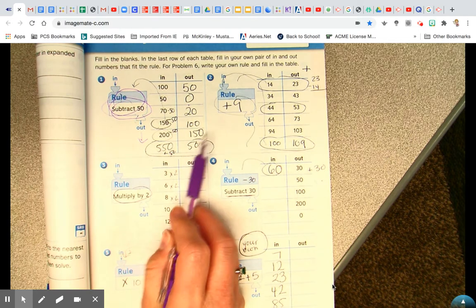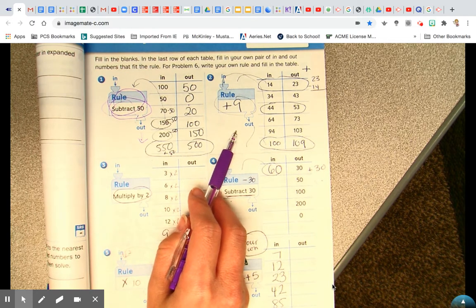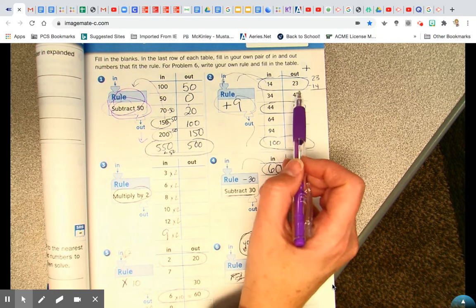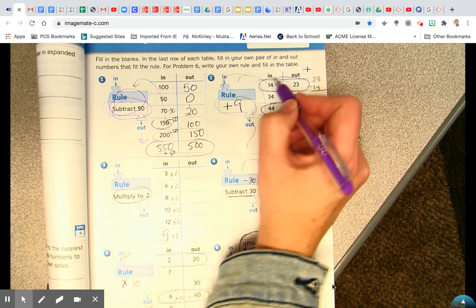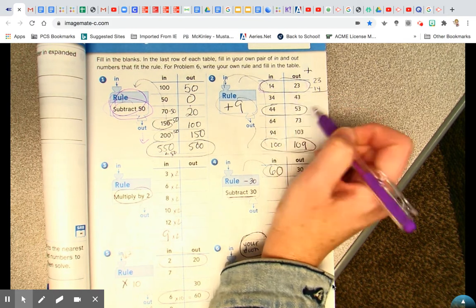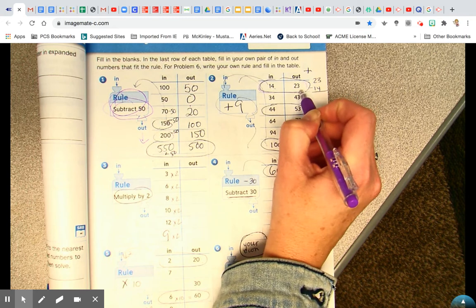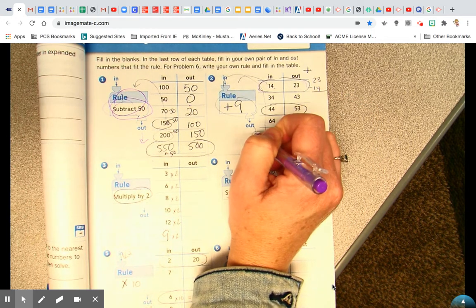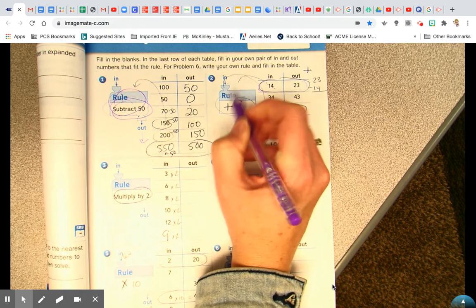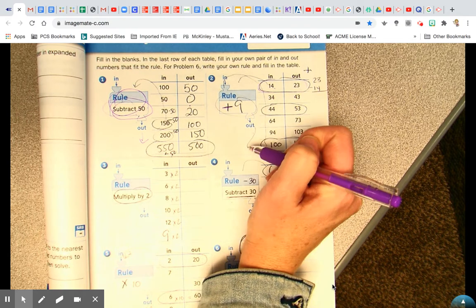Number 2, you needed to find the rule yourself. So you have to look at these different numbers and see if the rule works. Look at the first one. I have 14 and 23. If I put a 14 in and it comes out at 23, how did I do that? Together we decided we were adding something.